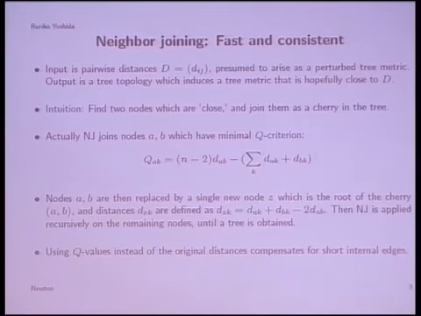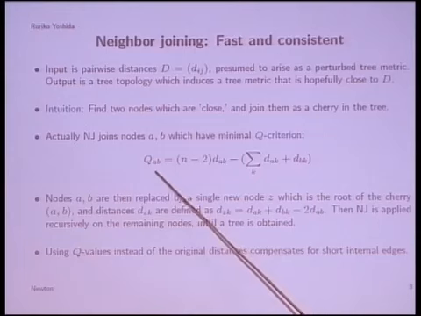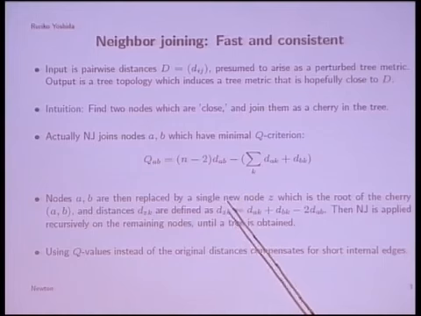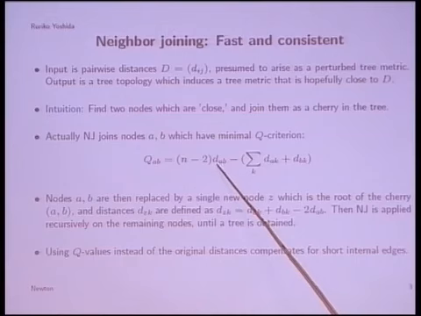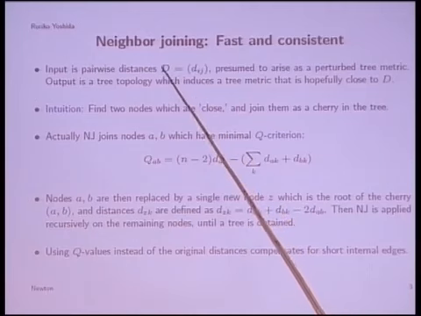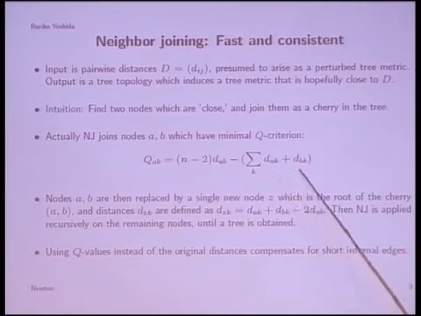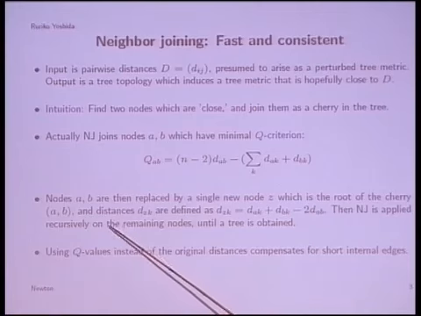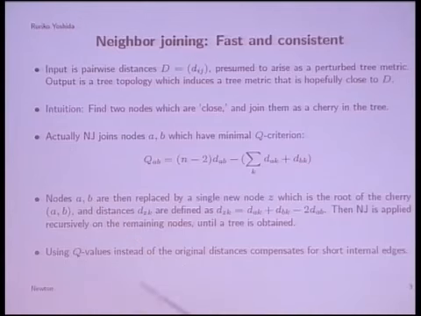For the nodes A and B, we have the Q criterion, which defines an n by n matrix: Q_AB equals n minus 2 times D_AB, where D_AB is the AB entry of D, minus the sum over k of D_AK plus D_BK.